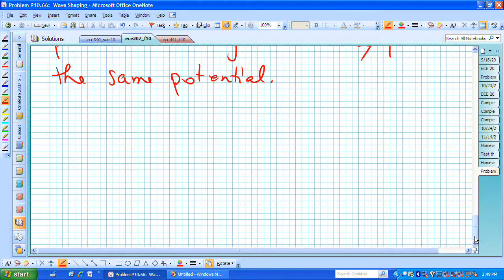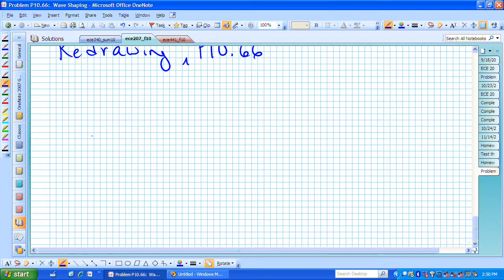Let's now connect those by redrawing the circuit. That's figure P1066. We have our source. Again, that's a constant source. It's going over here.